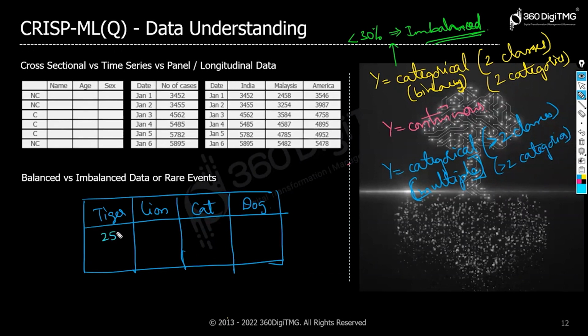If 25% of the data is tiger, 30% is lion, another 33% is cat, and say another 32%. So I'm not giving you the right percentage. Maybe say another 20.